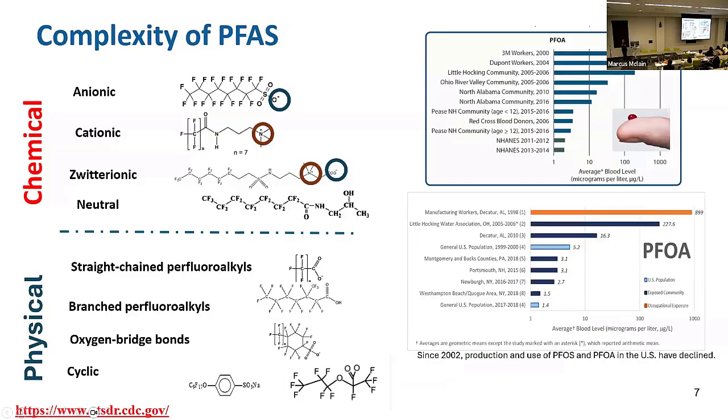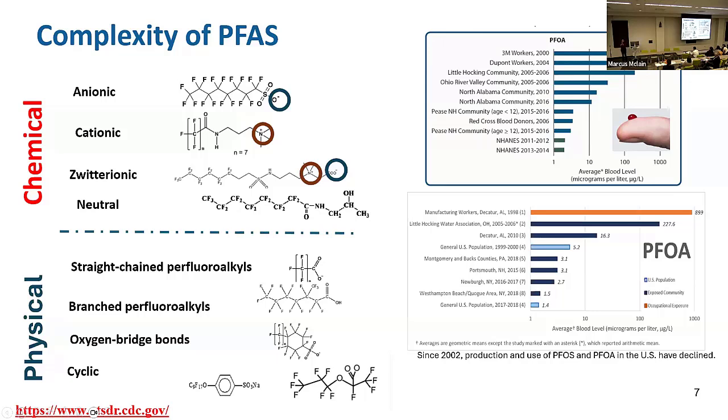And here you can see the complexity of PFAS in terms of chemical, physical, and human exposure pathway. For chemical forms, these chemicals can be anionic, cationic, zwitterionic, and neutral. And for physical structure, they can be straight, branched, oxygen bridge bond, and cyclic.